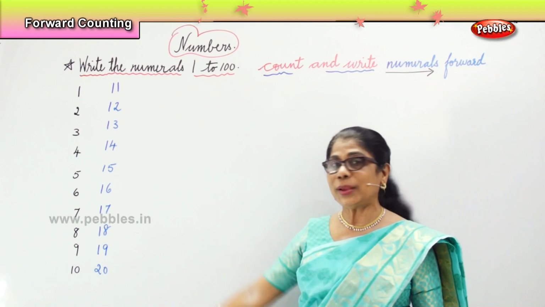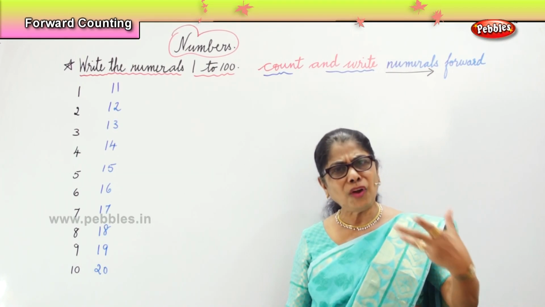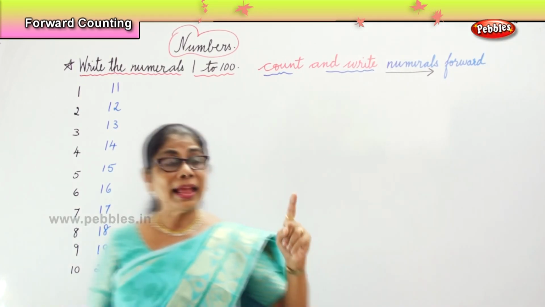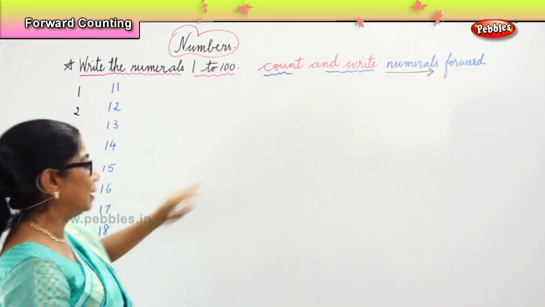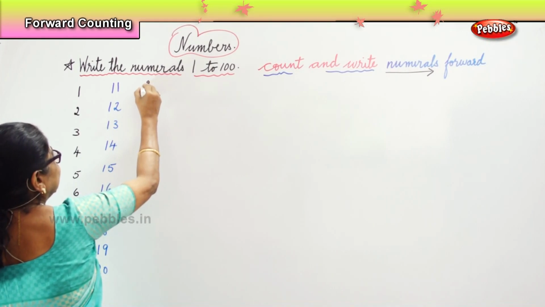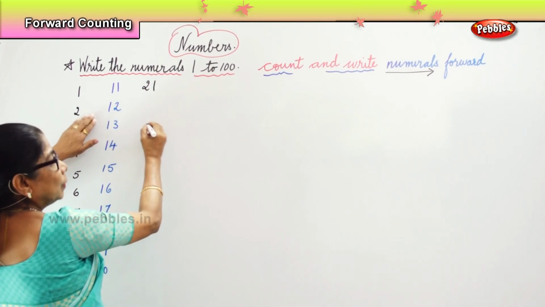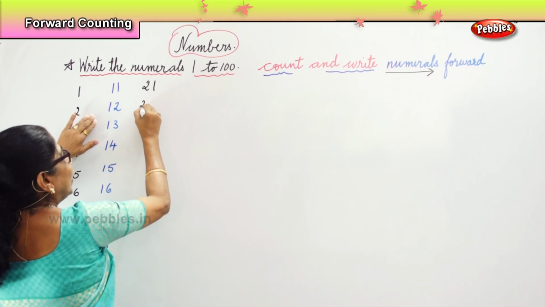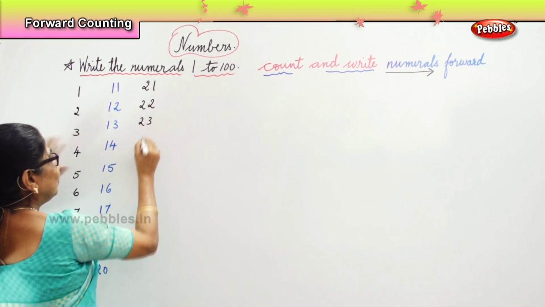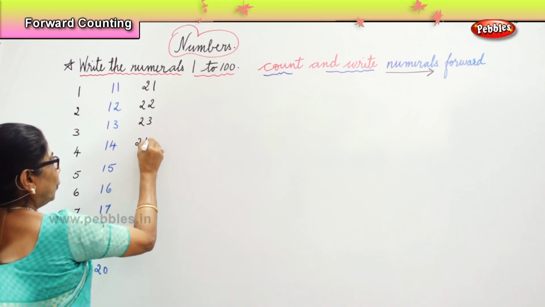1 to 20 forward. Next, you add on one more. Count. You must say as you count along. Right. Okay, now 20. Next is 21. Good. One more add on. 22. Good. 23. 24.